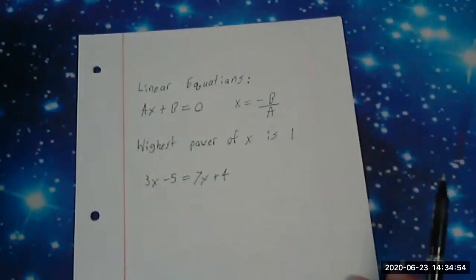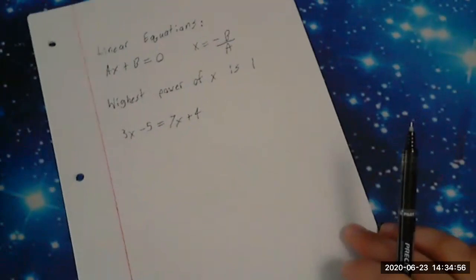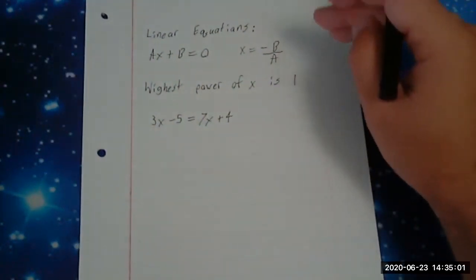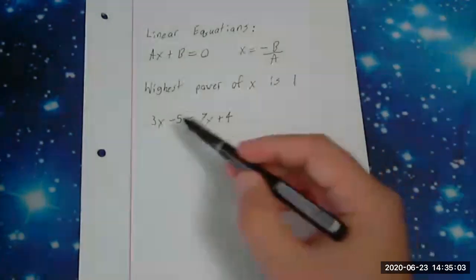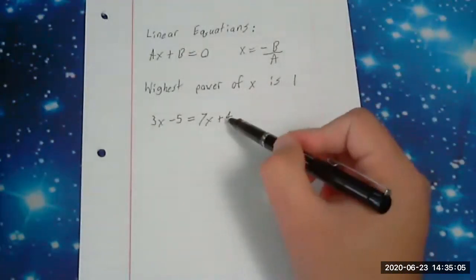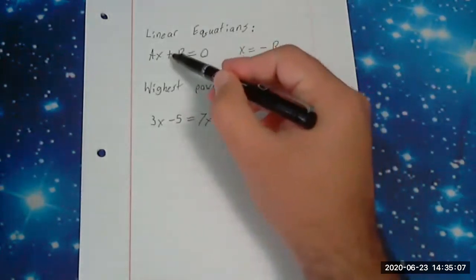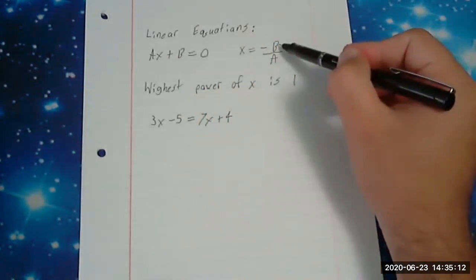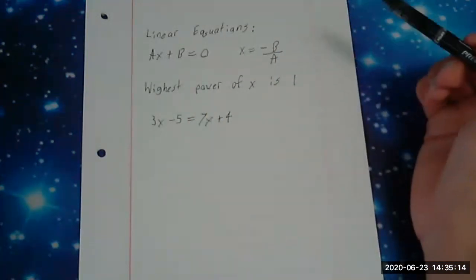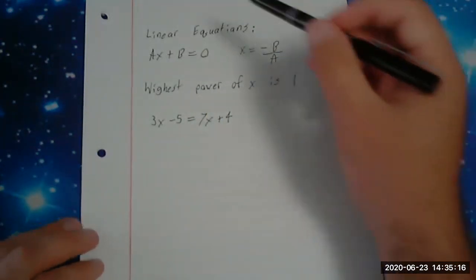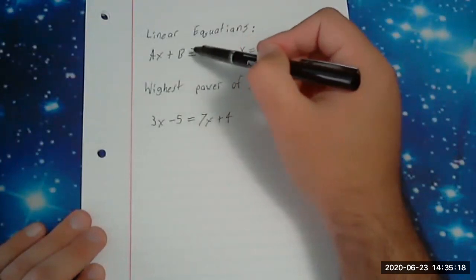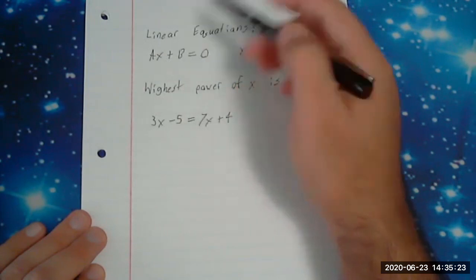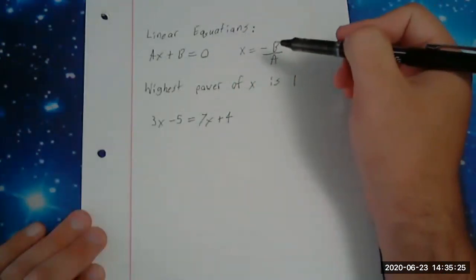So it's also just good practice that if we rearrange this thing so that it looks like this thing, then we just say that the answer is that over that. What I mean by that is we want all of the numbers to be on the same side with a 0 on the other side.